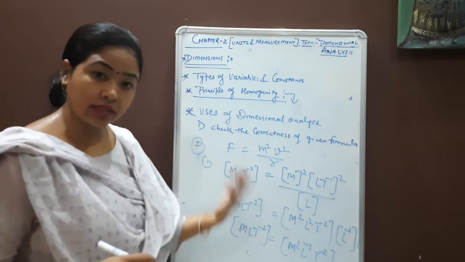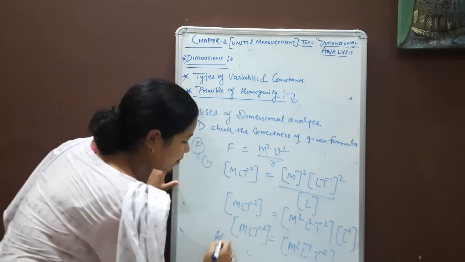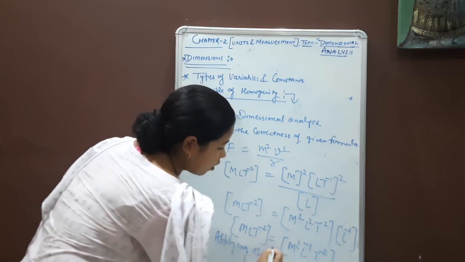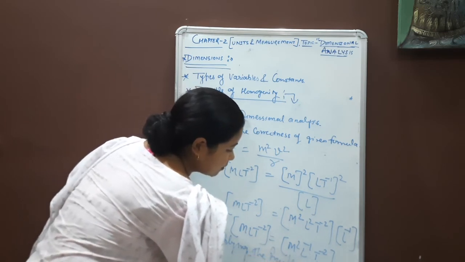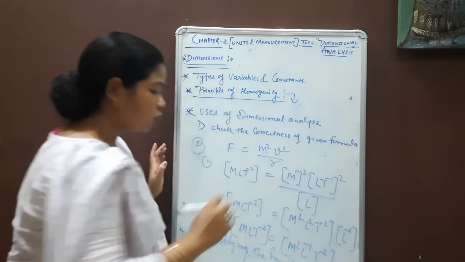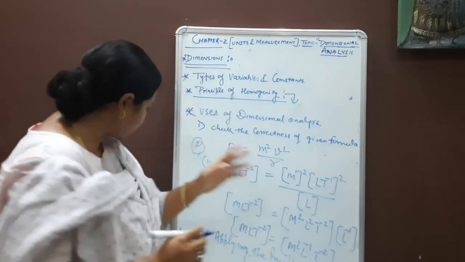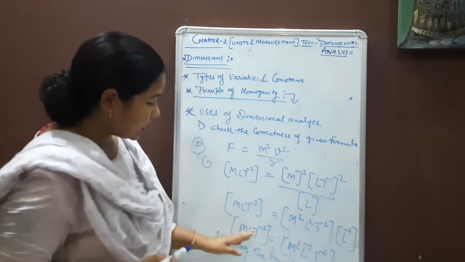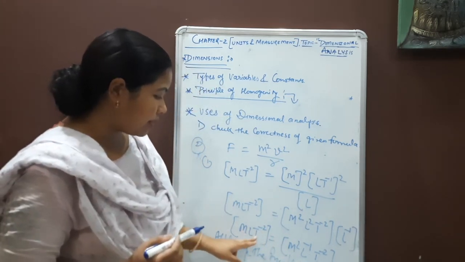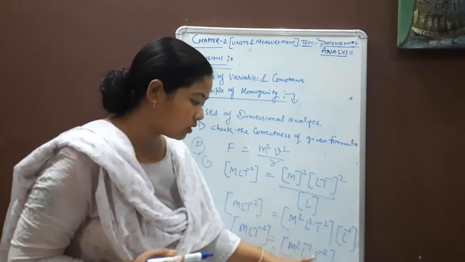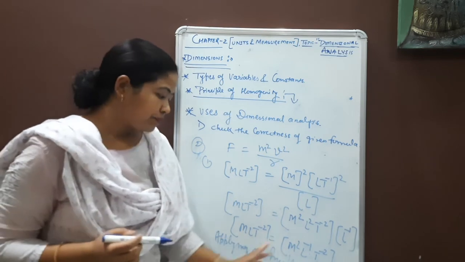Now, the next step is applying the principle of homogeneity. When we apply the principle of homogeneity, we can check it. The left hand side dimension is MLT^-2, and the right hand side we have M^2 L T^-2.